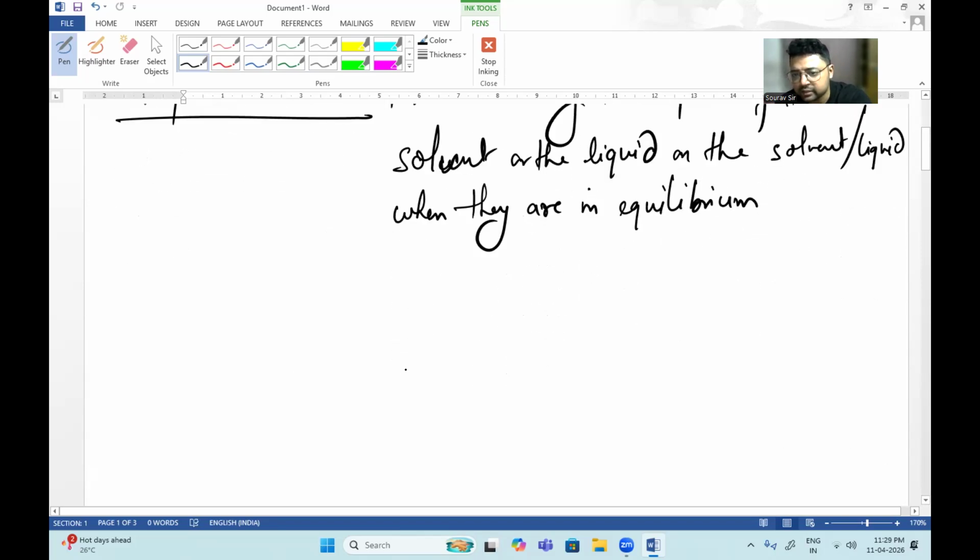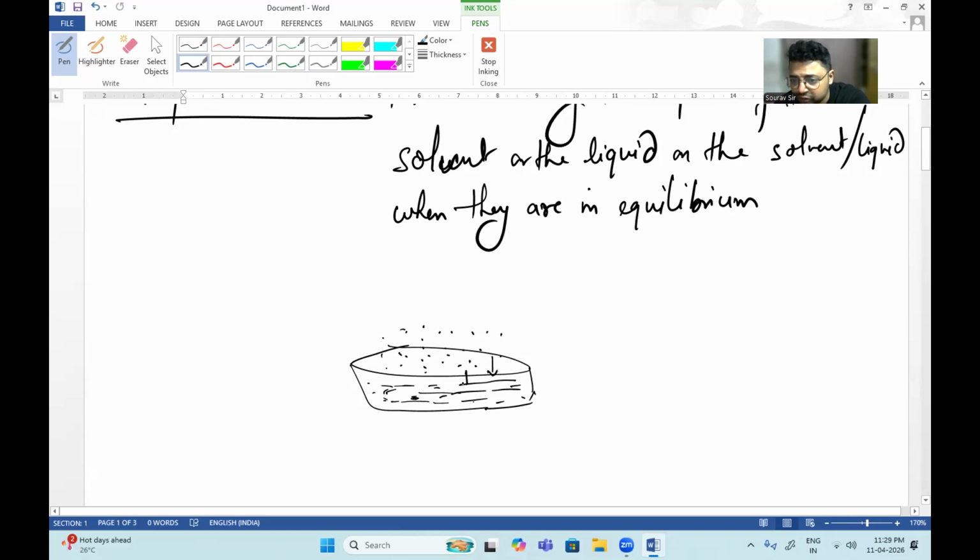Suppose this is a bowl, and it has water inside it. At any temperature, certain vapors will be coming out from the surface of the liquid, and these vapors will exert pressure on the surface of the liquid or solvent. This pressure is known as the vapor pressure of the solvent or liquid.